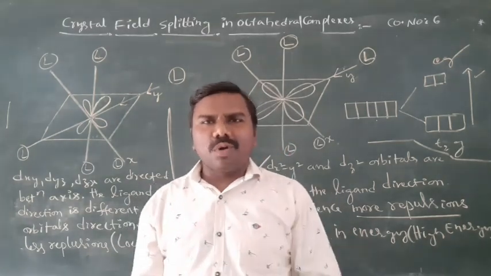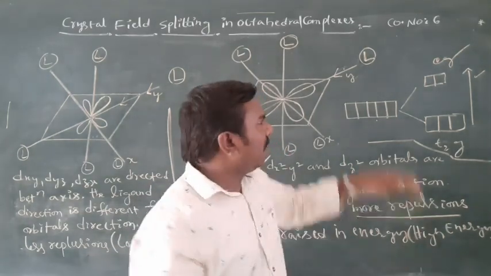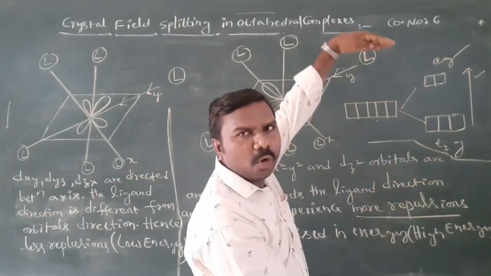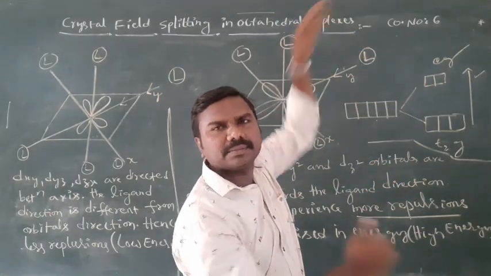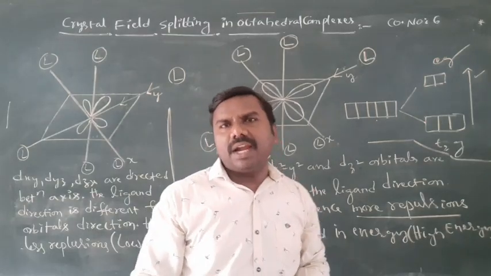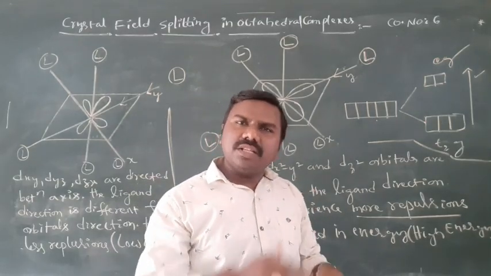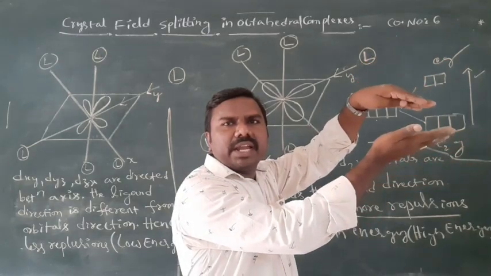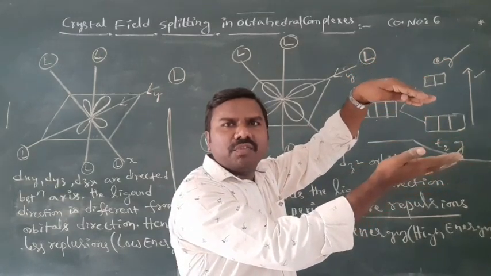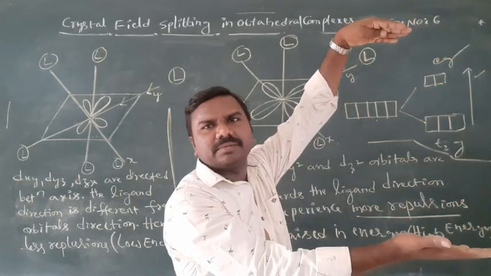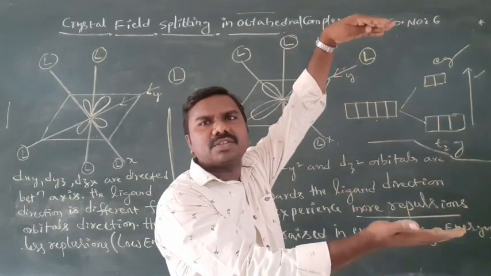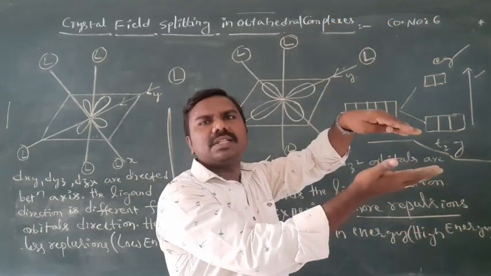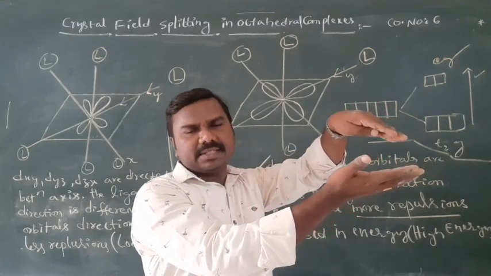Field strength more, strong field, obviously splitting will be more. Clear it is? If it is a weak field ligand, the field strength is low and splitting is also low. Weak field ligand, splitting low. Strong field ligand, splitting high. The splitting energy is high in strong field and low in weak field ligands.